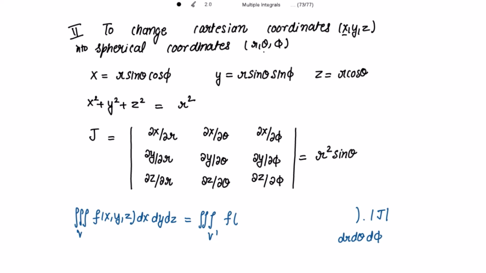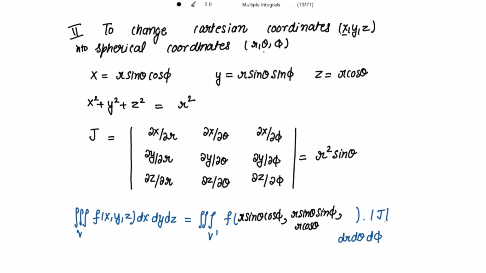for spherical coordinates. So now because I'm having x, y, z, this triple integral over V of f of x, y, z dx dy dz is equal to the triple integral over V dash, and writing x, y, z as all these values, r sin theta cos phi, r sin theta sin phi, and r cos theta.